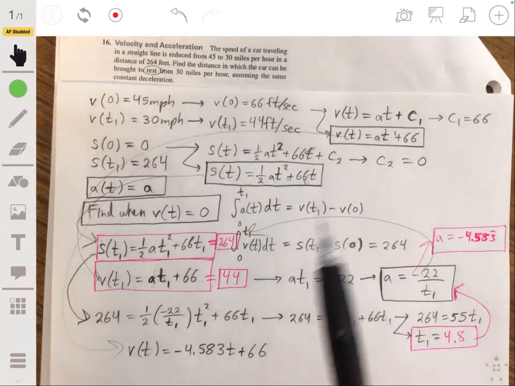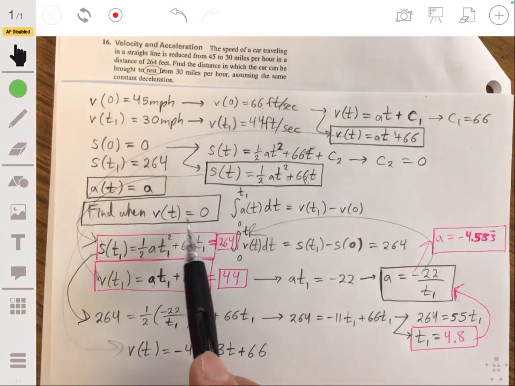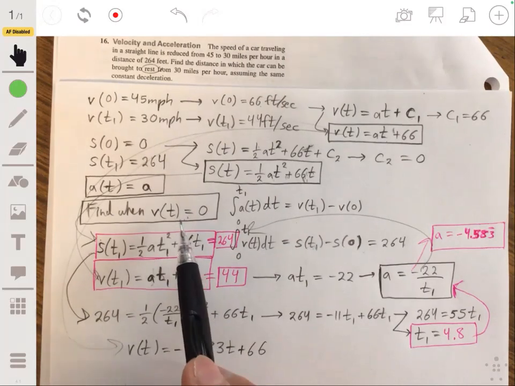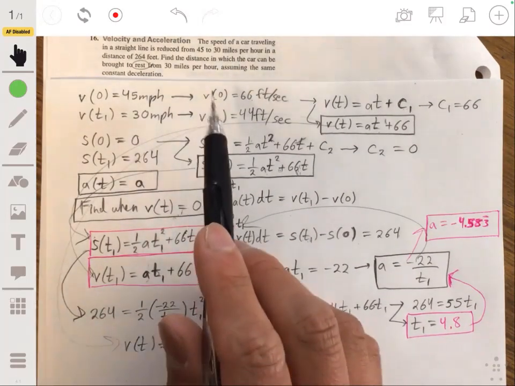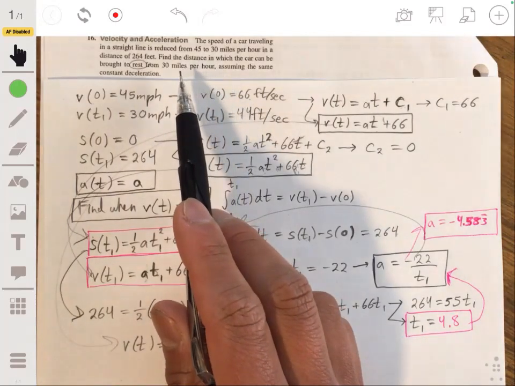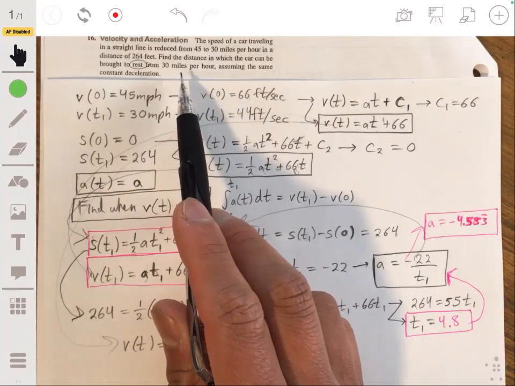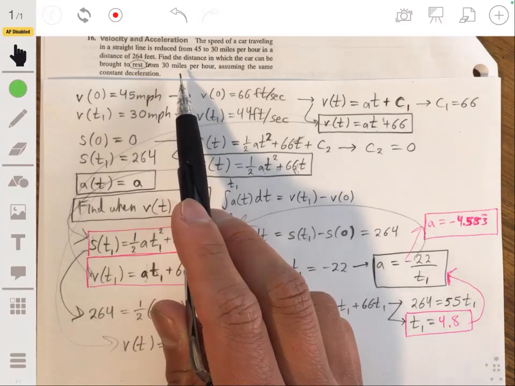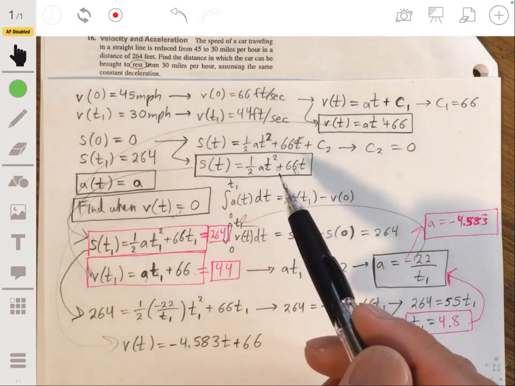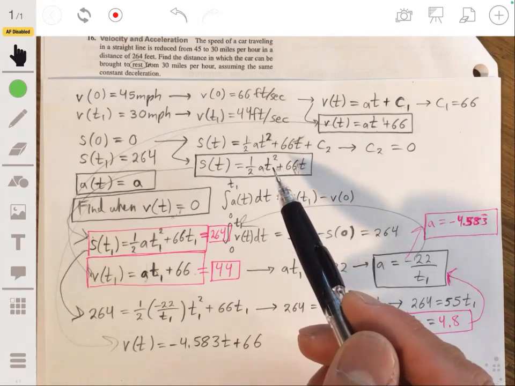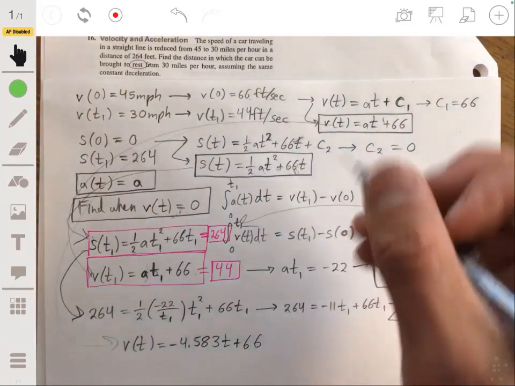And remember, we want to find the time when v of t will be 0. Because once we figure out how long it takes for the velocity to be 0, we can plug that time into the position equation and then solve for the distance.